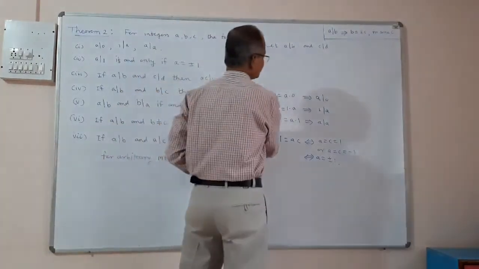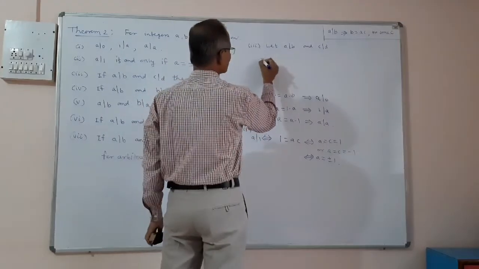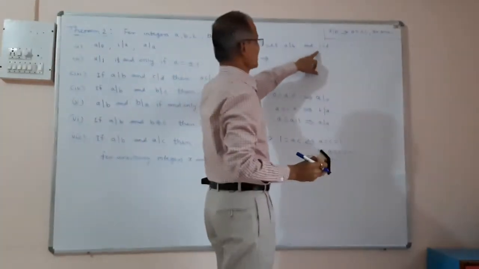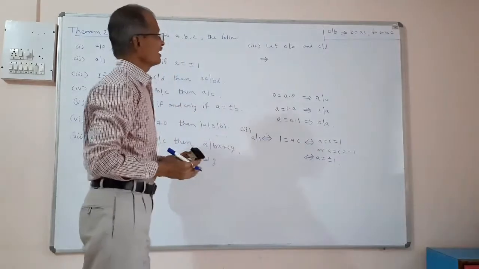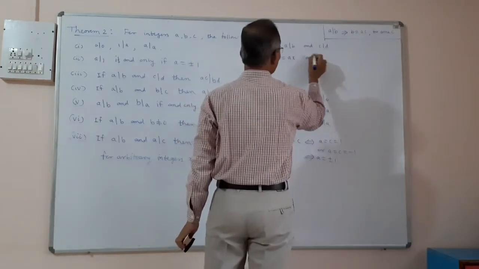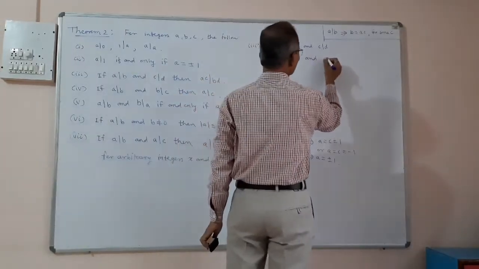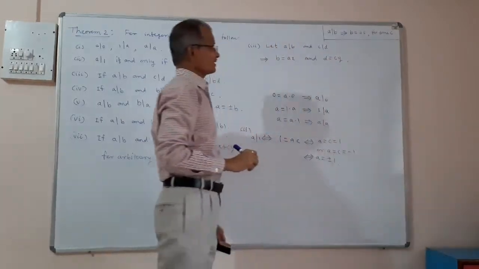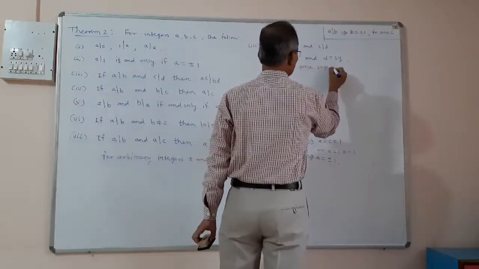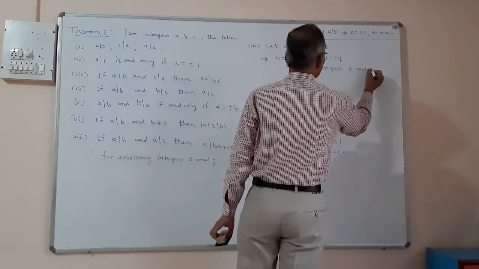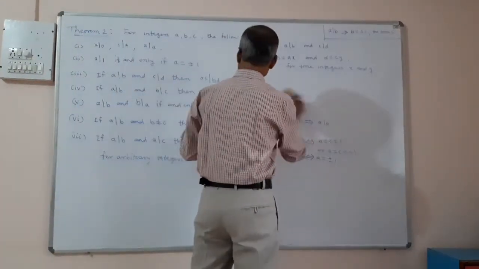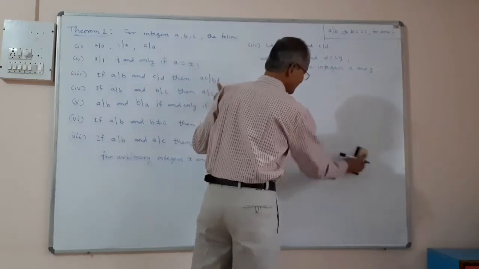Now what does this imply? A divides B, we apply the definition directly, but C is used here, so we don't use C, we shall use another letter X. So this implies B is equal to A into X, and here D is equal to C into Y, for some integers X and Y. Finally, what we want to show is AC divides BD, and thus we shall form the product BD and show that AC is a factor of BD.